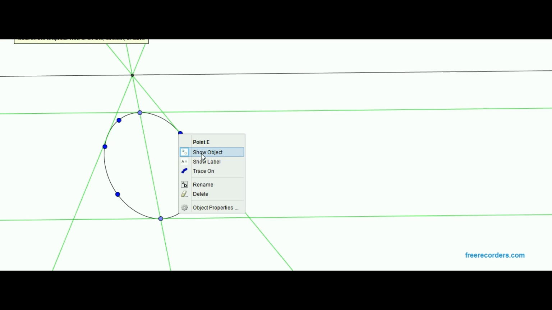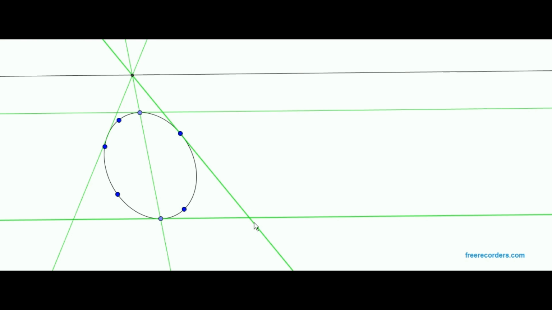We find out where these tangent lines meet these parallel lines, and then we join up the corners of this quadrangle that we've made and see where these newly added lines meet our original, and these give us our amplitudes.